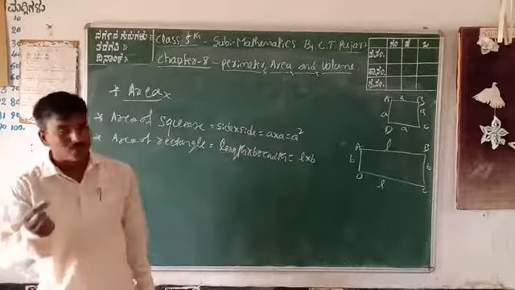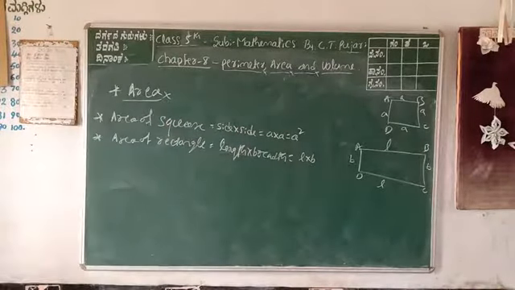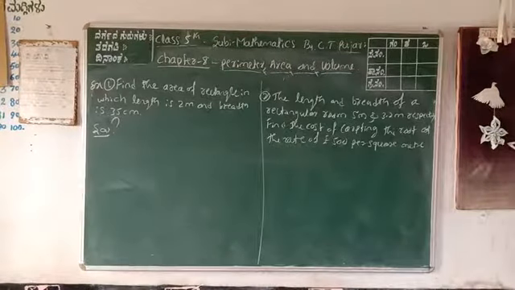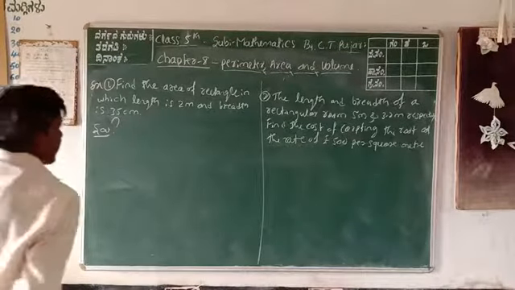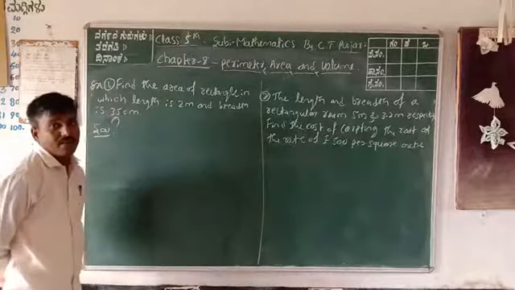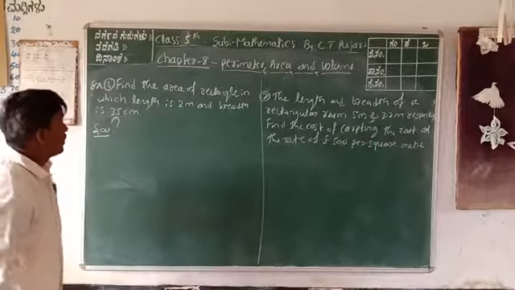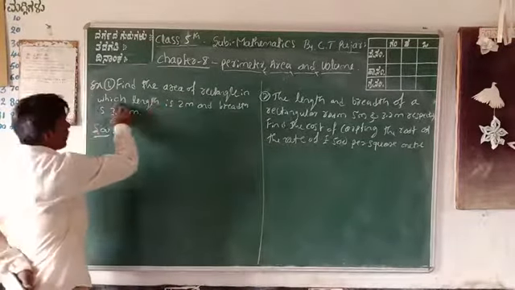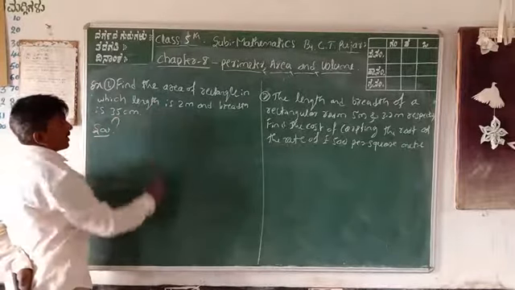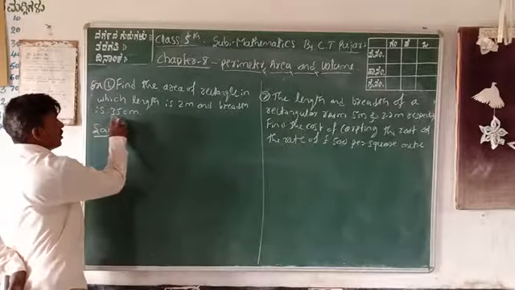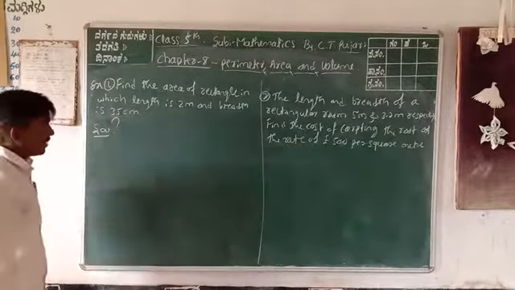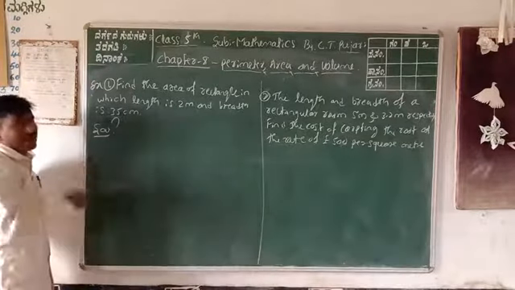Next, you can take some two examples on area. Okay. Find the area of a rectangle in which length is 2 meters and breadth is 35 centimeters. First of all, write the given values.